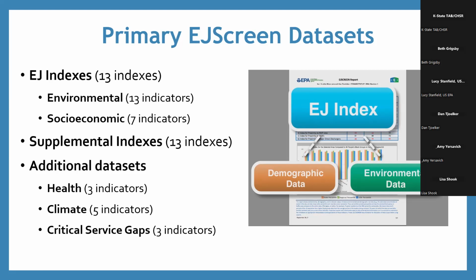So it's a different way to look at your area, particularly if you do not have a high population of people of color. So that's an additional data set. In addition to health, climate, and critical service gaps are things like health access and broadband access. So these are just all the different ways you can pull this data to describe your community in the best way possible.